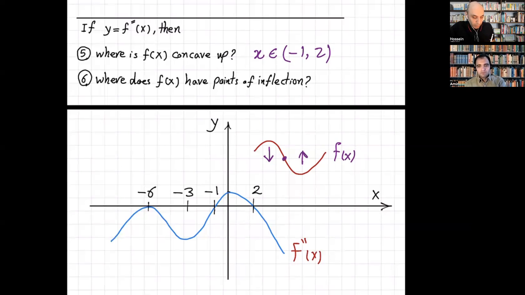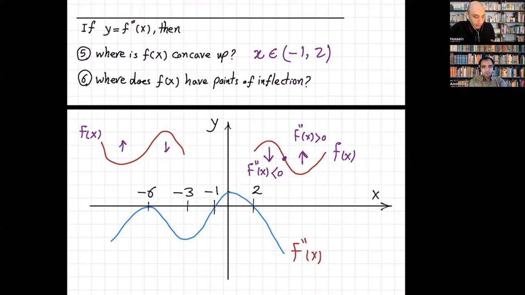Concave down means f double prime is negative, and concave up means f double prime of x is positive. Another case that you can come up with is where the change of curvature is like this one. This is f of x, and this is concave up changing to concave down.